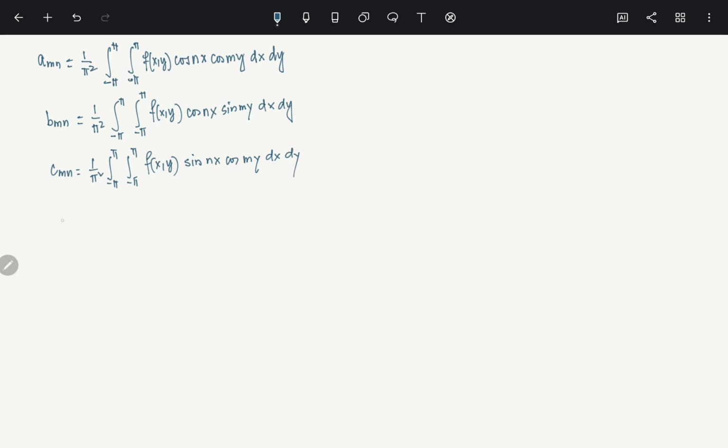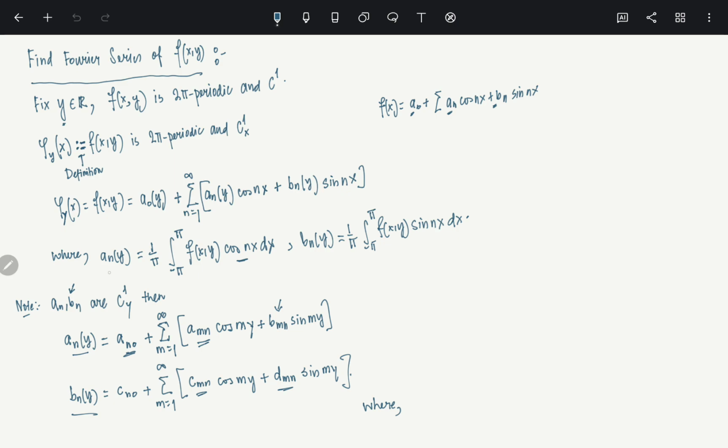And Dmn is 1 by pi square, integral minus pi to pi, minus pi to pi, f of xy, and then sine nx is already there, and I just have to change this to sine my dx dy. So you see the coefficients already have this, and I have to put everything together to get the original coefficients. I hope this is clear now.